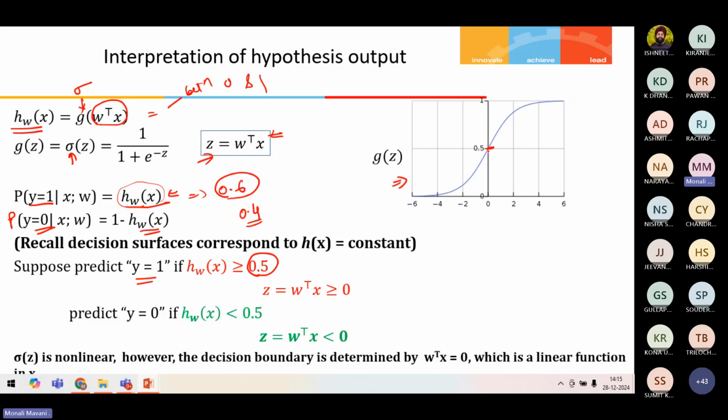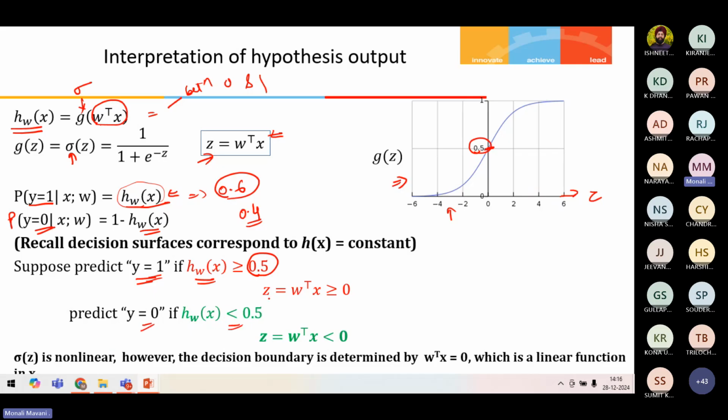At 0.5, it goes from the negative input space to the positive input space, so we can say it is changing the quadrant on the x-axis. This is how the sigmoid function works. So we take 0.5 as a threshold: if our hypothesis function outputs anything greater than 0.5, it will be classified as 1. Less than 0.5, it will be classified as 0.